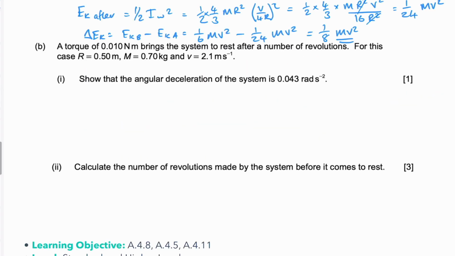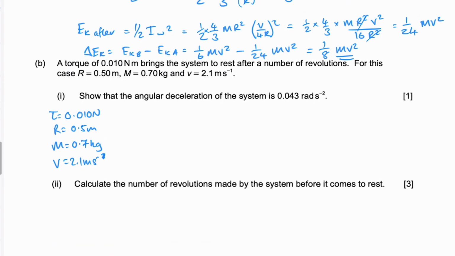A torque of 0.01 newton meters brings the system to rest after a number of revolutions. For this case, r equals 0.5 meters, m equals 0.7 kilograms, and v equals 2.1 meters per second. B1: show that the angular deceleration of the system is 0.043 radians per second squared.